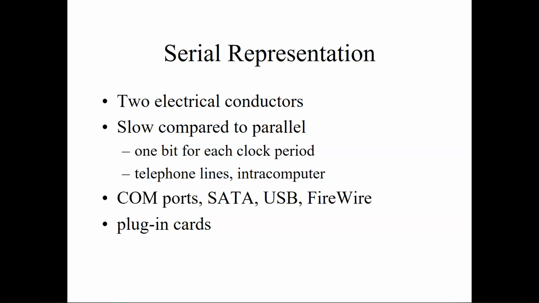It's 1 bit for each clock period. Telephone lines and intercomputer systems use these, but they're kind of disappearing slowly because we found out that parallel runs a lot faster and a little bit more easily. Nevertheless, this is a very good example of this.